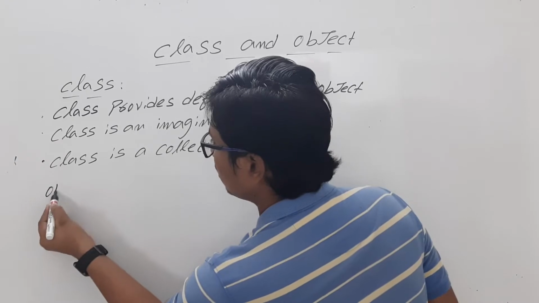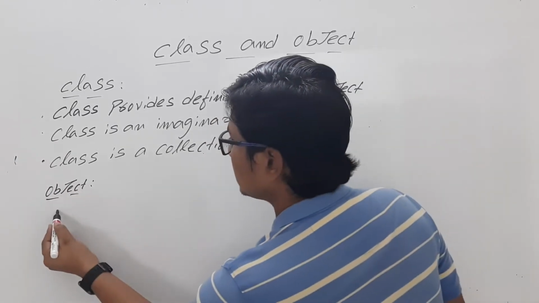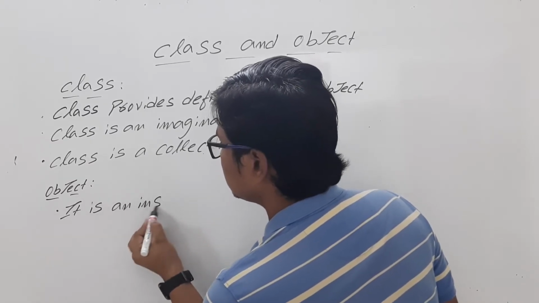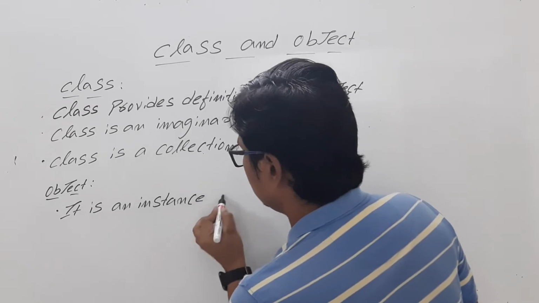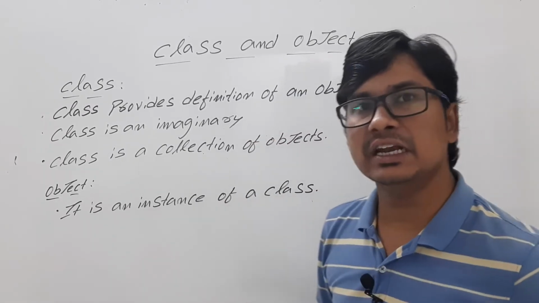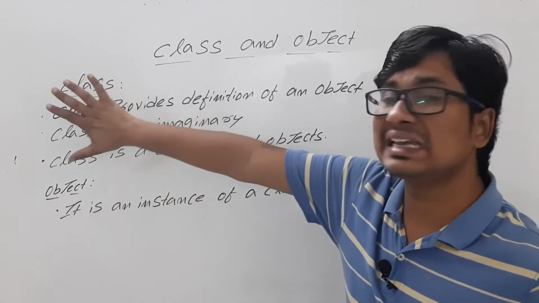And now let me talk about object. Object is an instance of a class. Suppose I say Acer laptop, so I will say the laptop is the class.